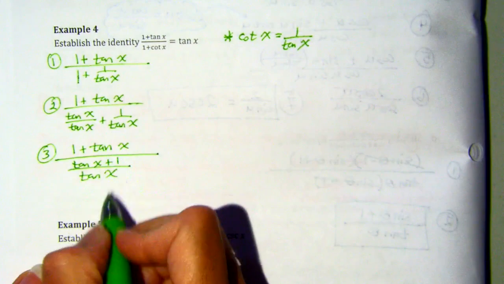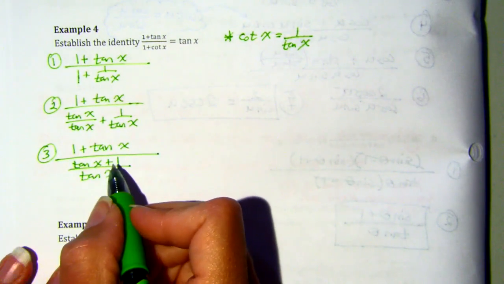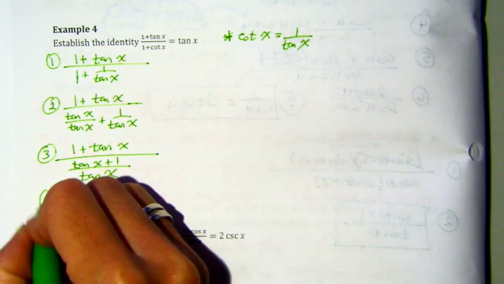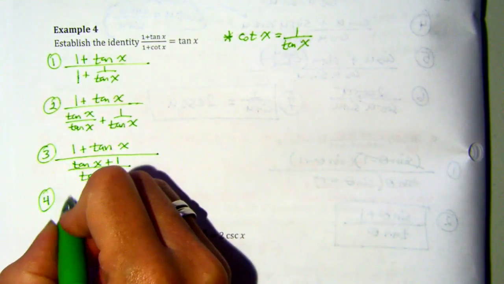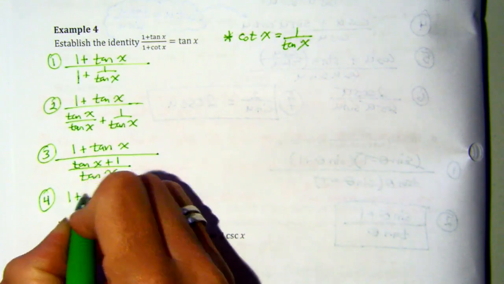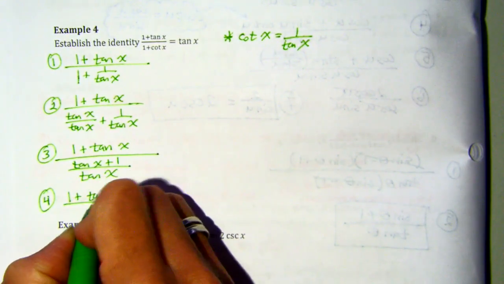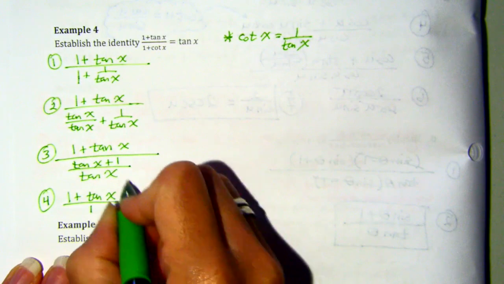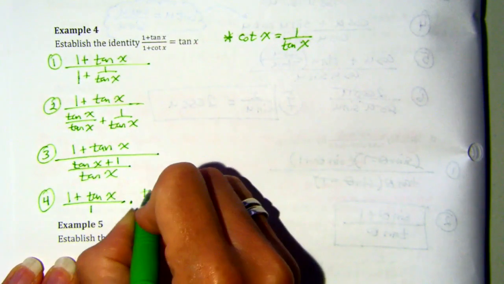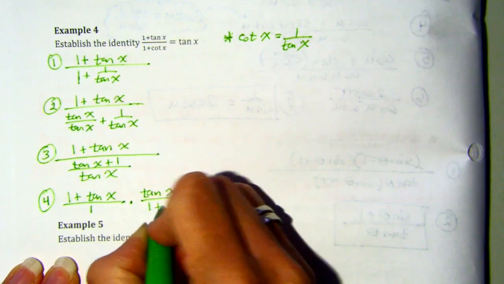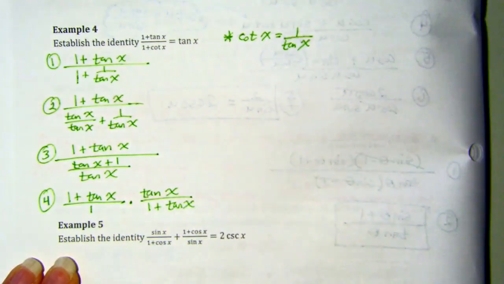Now we have a division of fractions, essentially. To take care of a division of fractions, we multiply by the denominator's reciprocal. This becomes 1 plus the tangent of x. You could think of it as 1 plus the tangent of x over 1 times the reciprocal of this denominator, the tangent of x divided by 1 plus the tangent of x.